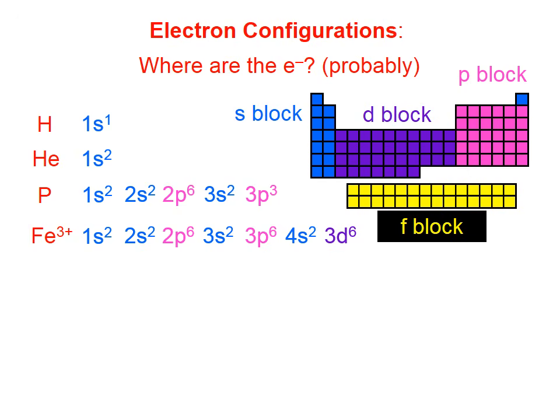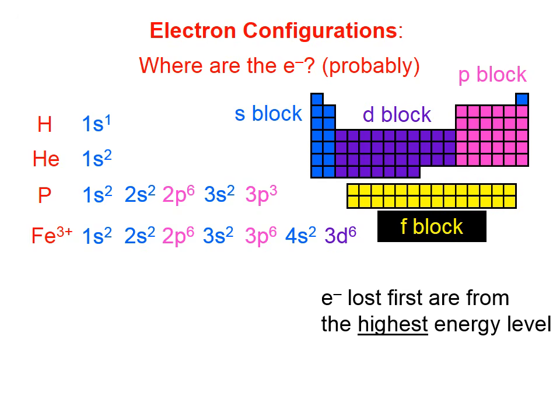But we need to take away 3 of these electrons. So the question is, which 3 do we take away? And the answer is that the electrons that are lost first are from the highest energy level. The highest energy level here is the 4th energy level. So those 2 electrons go bye-bye. Now we start picking them off the end, and that means we need 1 of those 3d electrons.